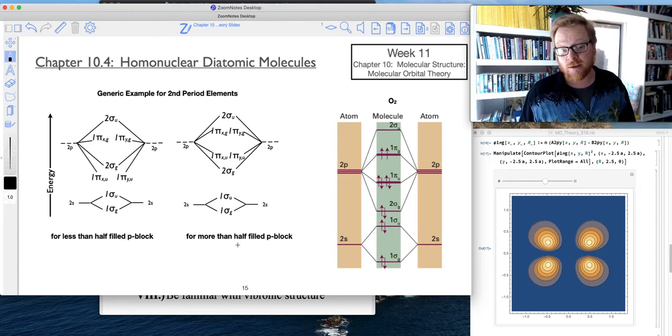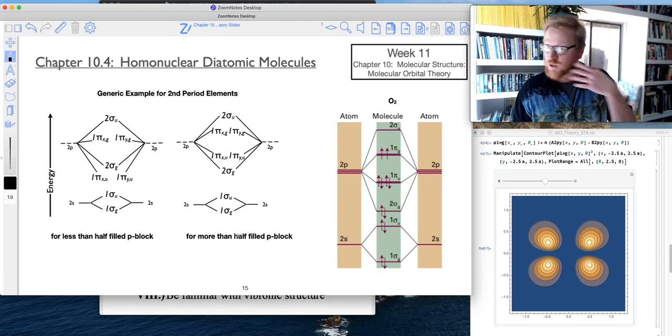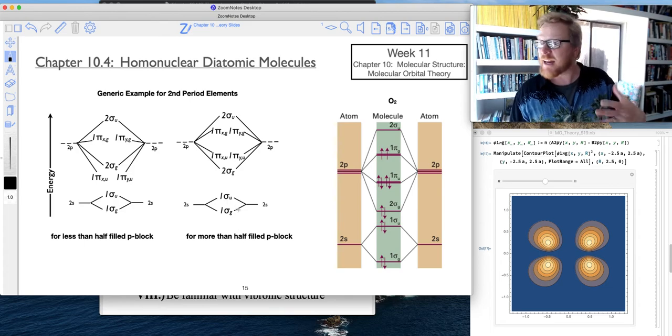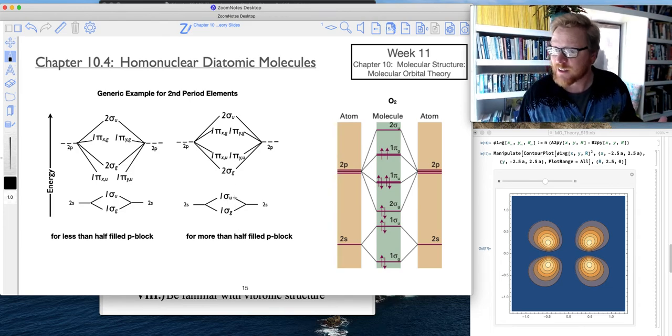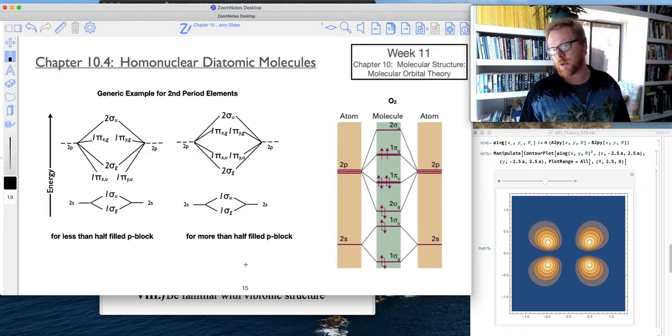But of course, for molecules, those aren't going to make any bonds. It's my valence shell that makes my chemical bonds. All the same, if I go up and describe the 2s and the 2pz linear combinations that we just talked about, we can see if I combine a 2s and a 2s, the 1 sigma g is the lower bonding energy. The 1 sigma u is the upper anti-bonding energy.